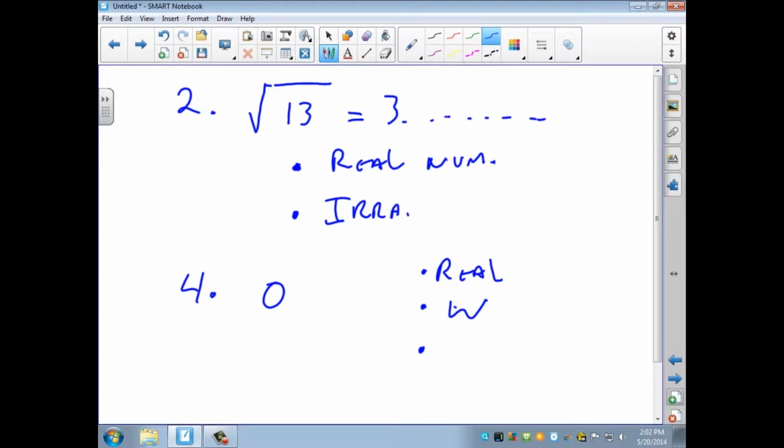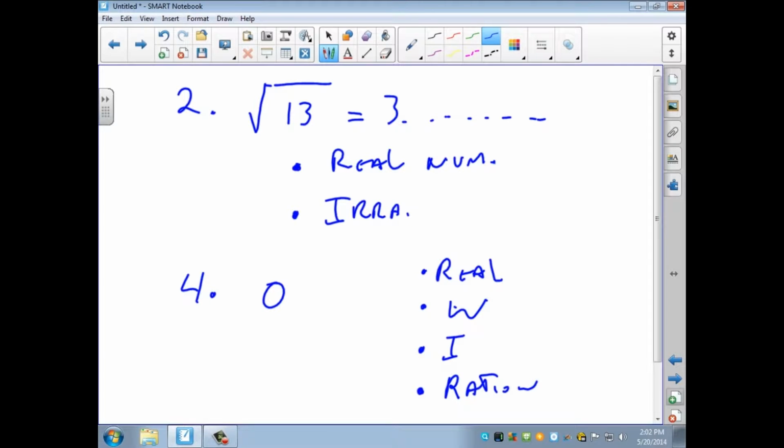Another set that includes 0 is integers. Integers are real numbers. And also, 0 doesn't have any non-repeating decimal after it. Therefore, 0 is also a rational number. So 0 would have four different characteristics as far as the numbers are concerned.